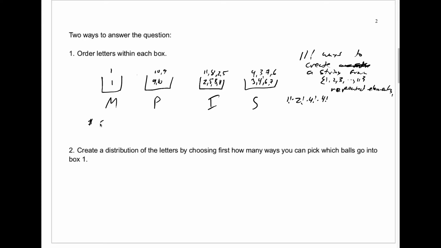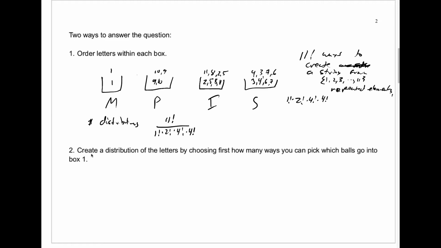So to get the number of distributions, I'll only count 1 from each group, so I have to take 11 factorial and divide by this number of different ways to get that exact same distribution from different strings, and that will be 1 factorial times 2 factorial times 4 factorial times 4 factorial. This will be the number of distributions, and thus this will be the number of rearrangements of the letters in the word Mississippi.